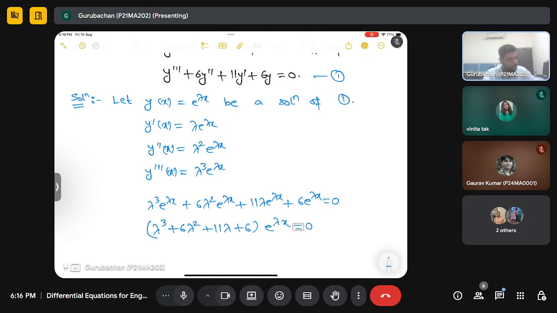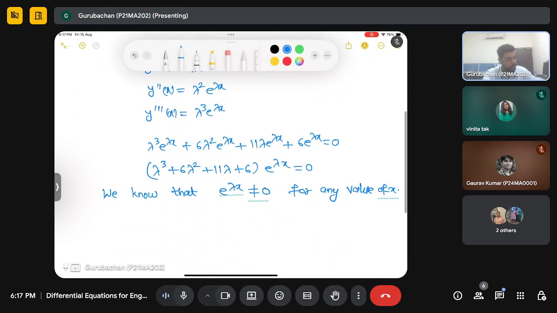We know that e to the power lambda x can never be 0 for any value of x. So this third degree polynomial in lambda will be 0.